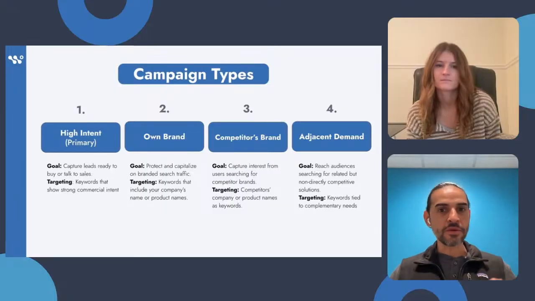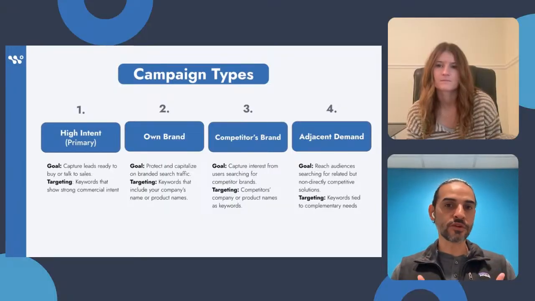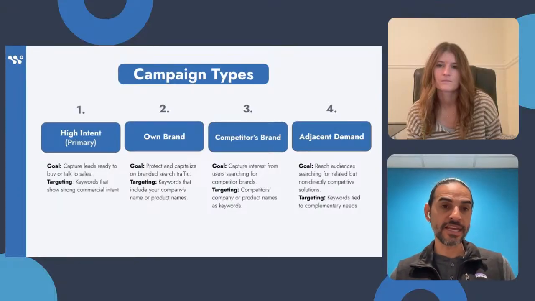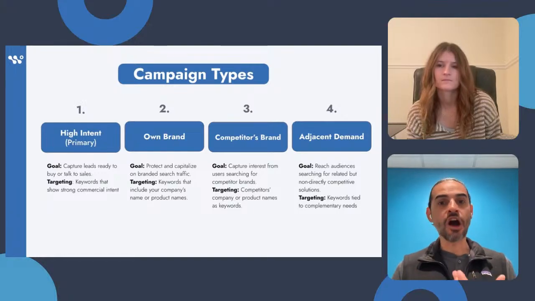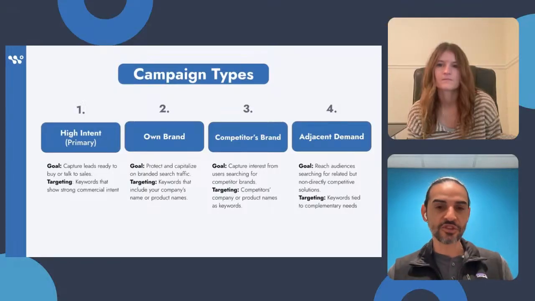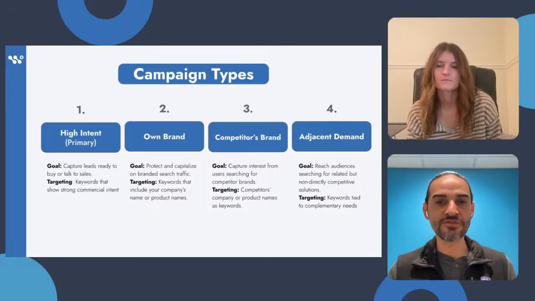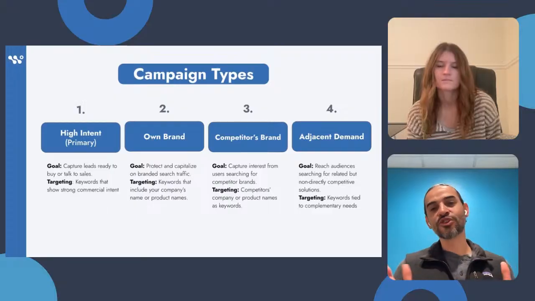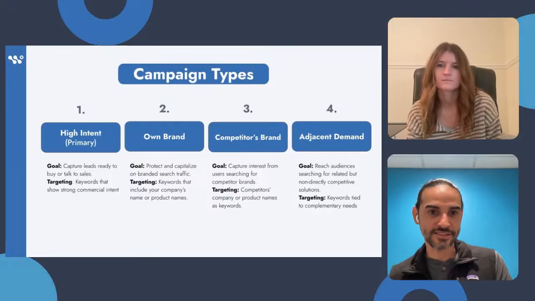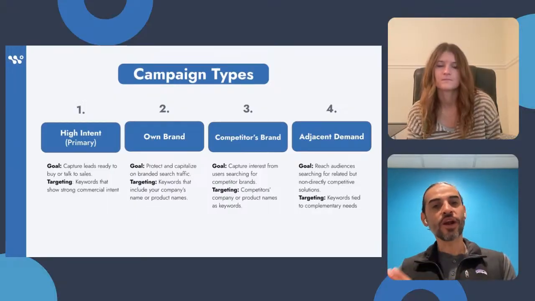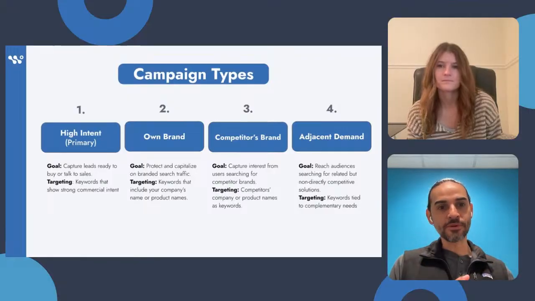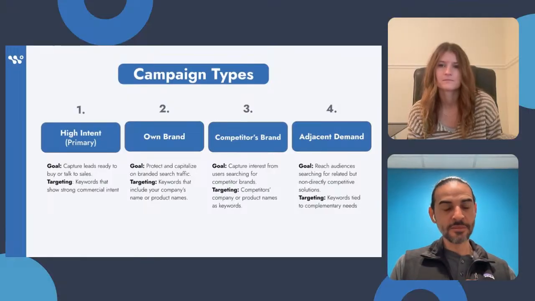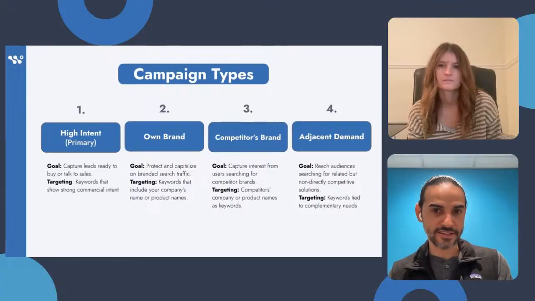So again, reminding everyone that most of the time when you're doing Google Ads for your B2B company, it's because the category of the products and services you offer is well defined, understood, and mature. So there's a lot of people searching for that category. It's just that they're not searching for your brand necessarily. Or if they are, you want to capture the group of people searching for your category but not for your brand.